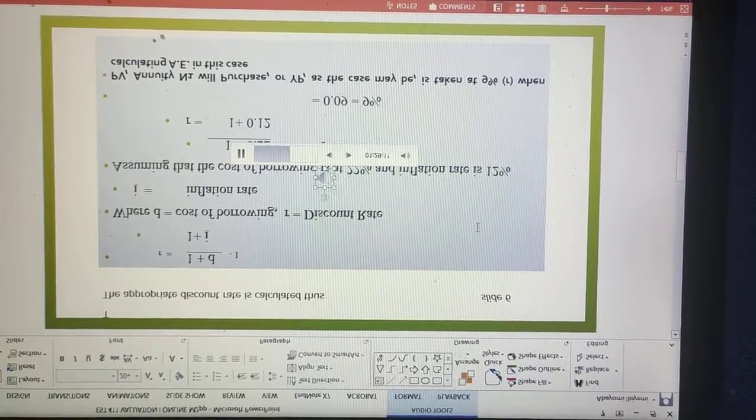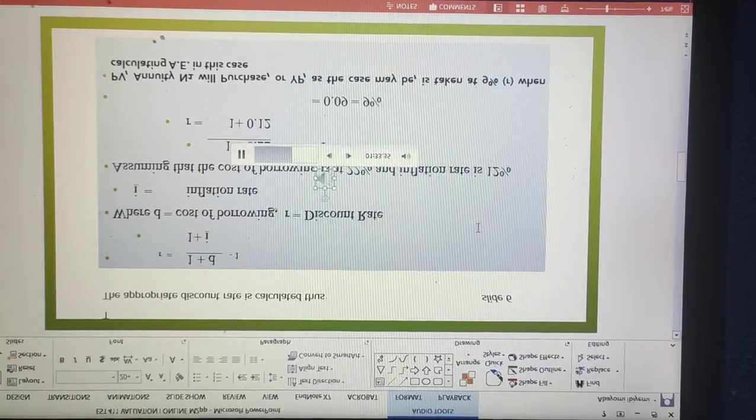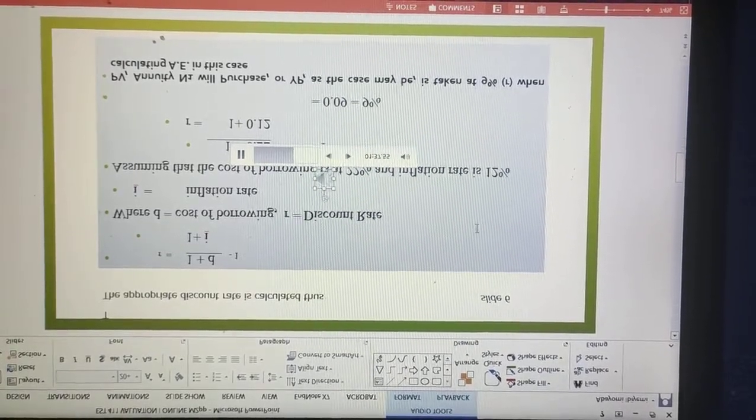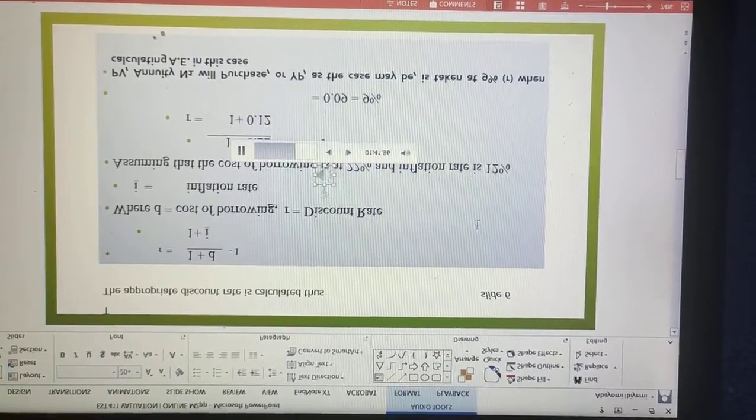Then we calculate R. Our R will be 1 plus 0.22 over 1 plus 0.12, minus 1. So our R will be 9%.